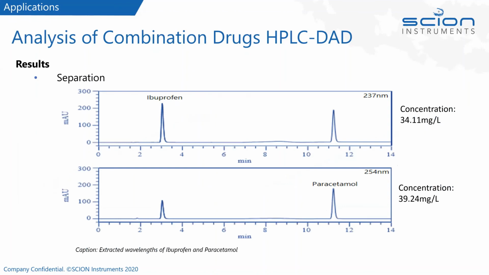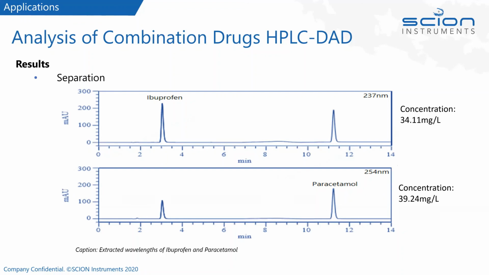So the chromatograms here show the whole scan wavelength. The 2 chromatograms show both results. So the top wavelength is at 237 nanometers and the bottom is at 254 nanometers.